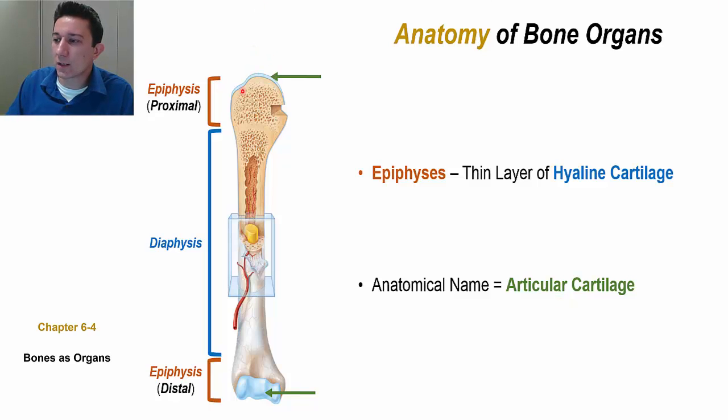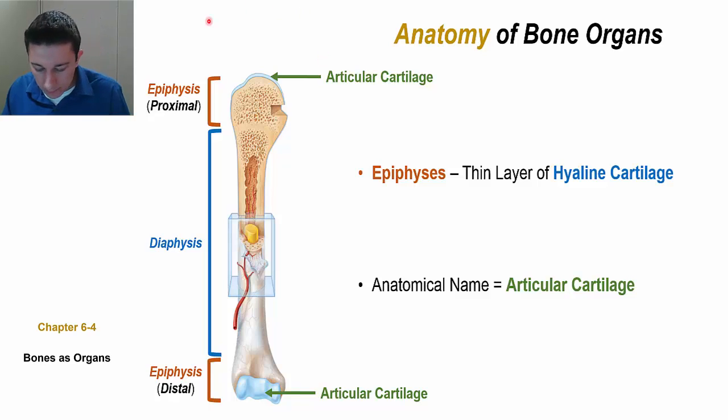So this cartilage is found capping the bone where another bone will make contact or make a joint with this bone here. The reason for that is that cartilage helps provide a protective layer so that the bones at this joint can glide over and slide over one another easily during movement without incurring any damage as a result of that movement. So as I mentioned, this cartilage is hyaline cartilage, and it's referred to as articular cartilage.